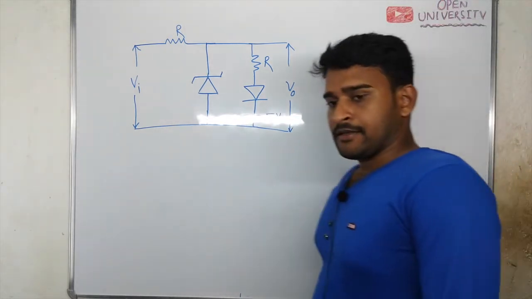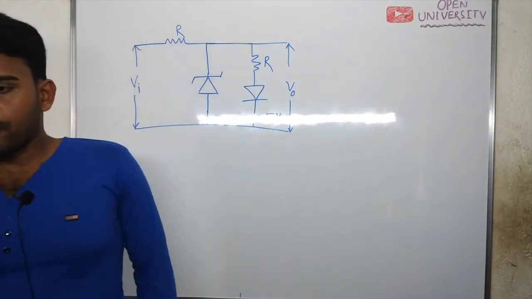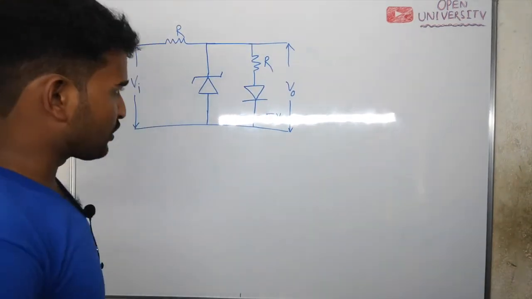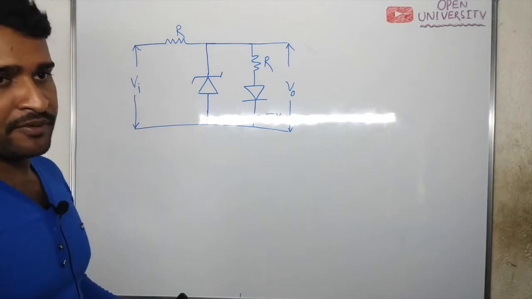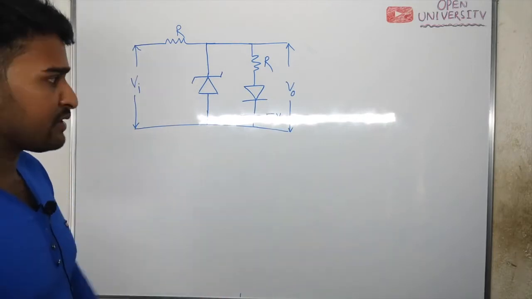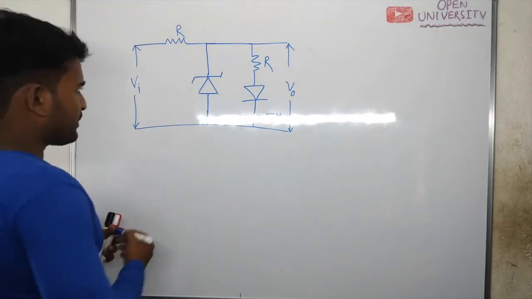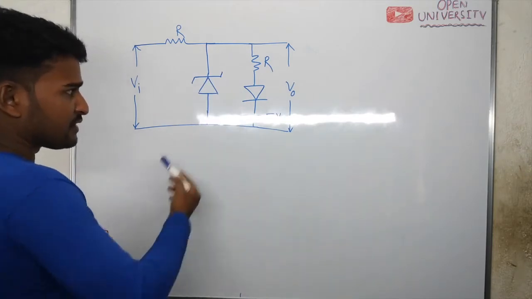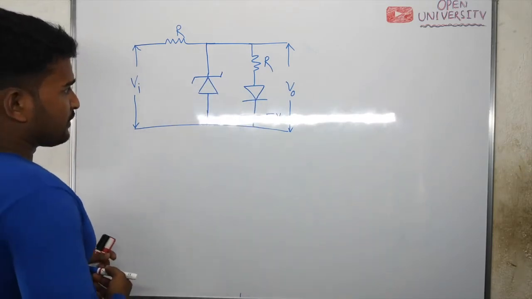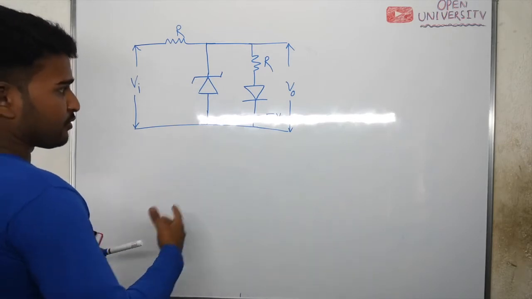Now, the question is about to plot the transfer characteristics. So, we will consider all possible values of input: negative value, positive value, and zero value. So, if your input is negative, since diodes are ideal, no cut-in voltage.